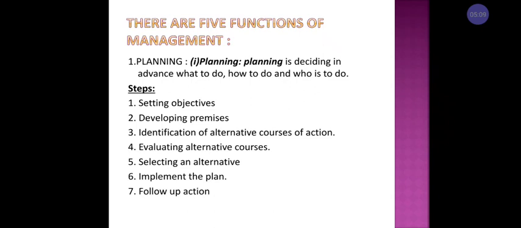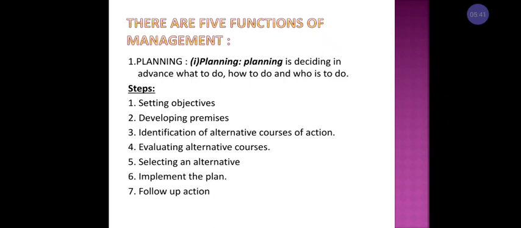After arranging all those things, the next function is staffing. He has to appoint workers or employees to work in the organization. If the employees work very well, Kiran can achieve the organizational goal or objectives. The fourth function is directing.